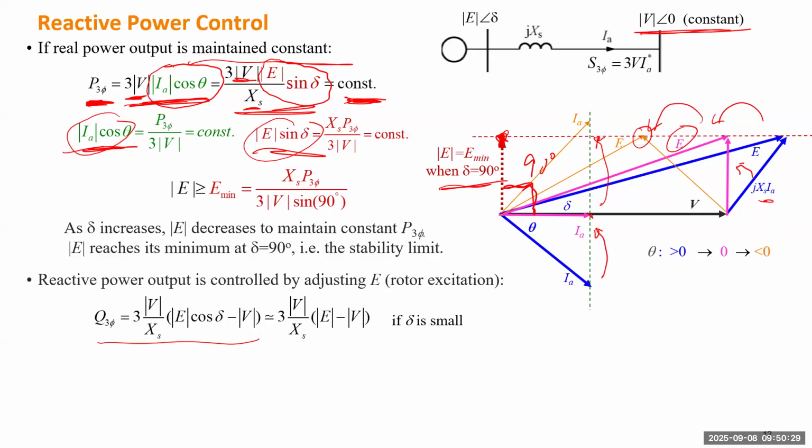Based on this formula, we know that by changing E, we actually change the reactive power flow. If I assume delta to be small, we can compare E and V, and see which side is longer. If E becomes shorter than V, the generator will provide negative reactive power, which means the generator will consume reactive power.